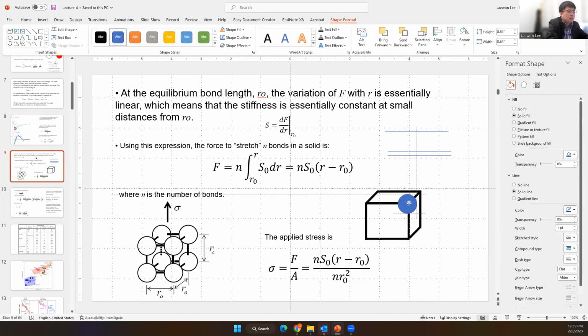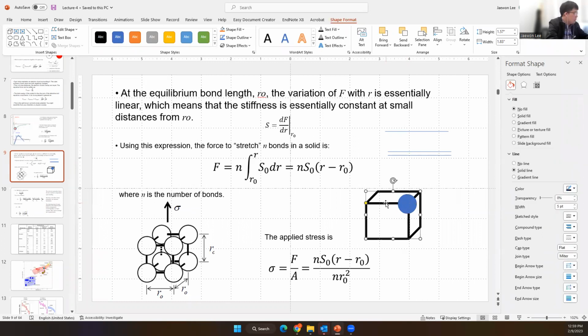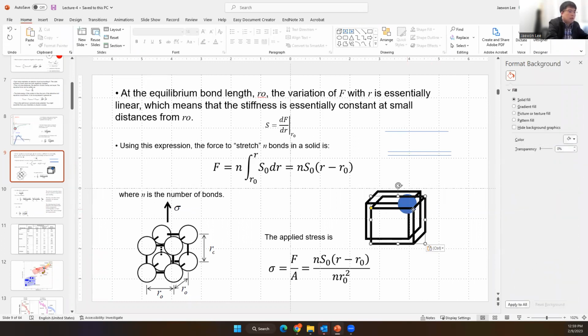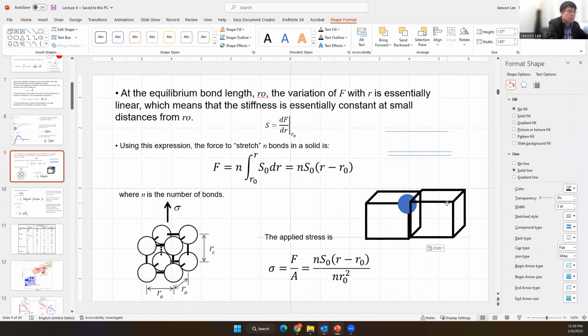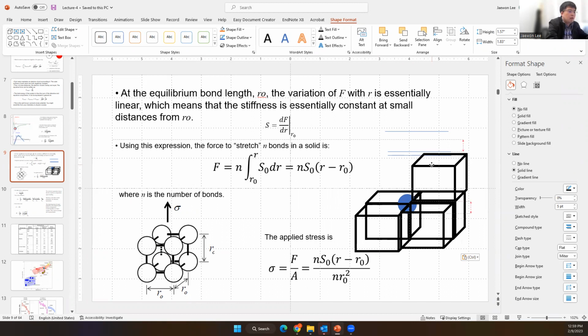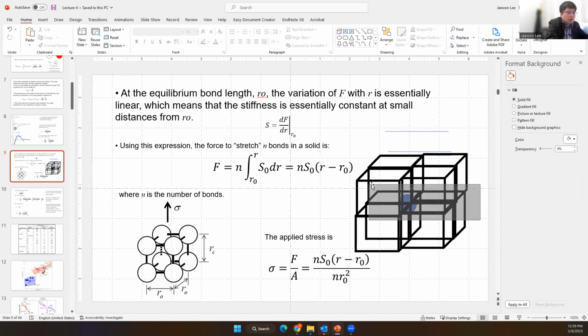Just focus on this particle, this one, right? So just focus on this one. And then if we use multiple ones like that, if we assume there is one particle, right?